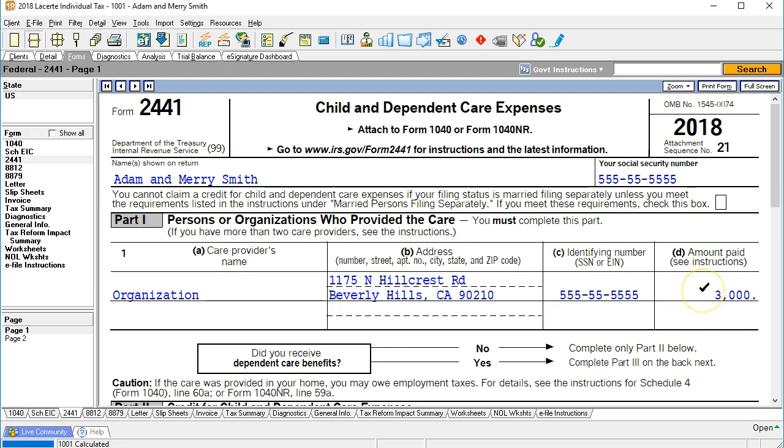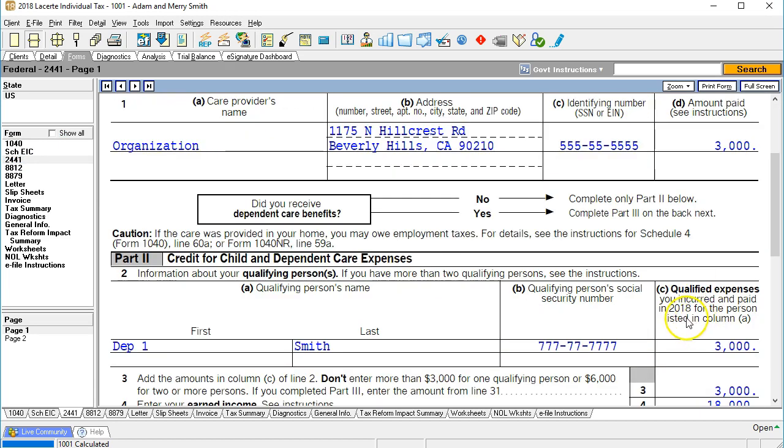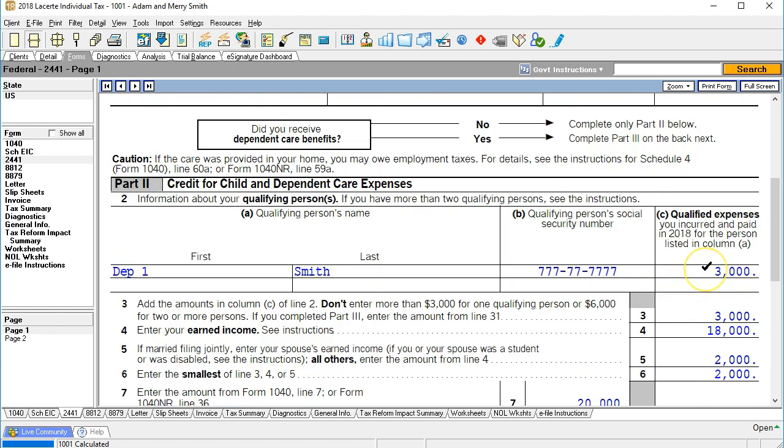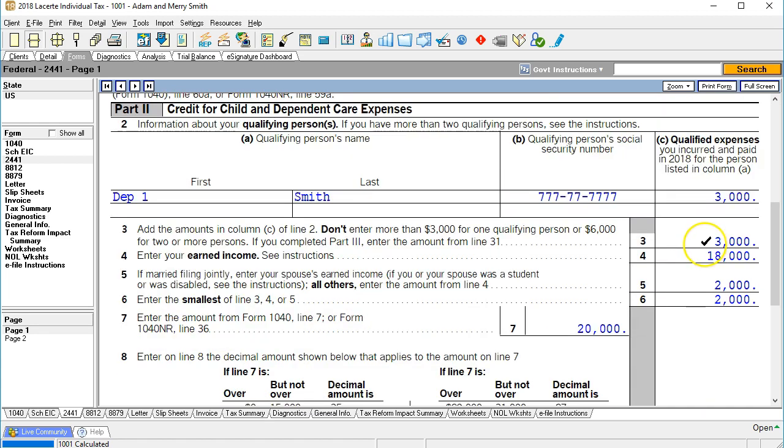We have 3,000 that we're saying were the total expenses that were paid, the qualifying expenses. Then of course we have that 3,000 and then the limit being the 3,000 for the one child, or the smaller of the earned income between the two spouses. The one is 18,000, the other is 2,000. Therefore, the limit is going to be the 2,000 in this case.